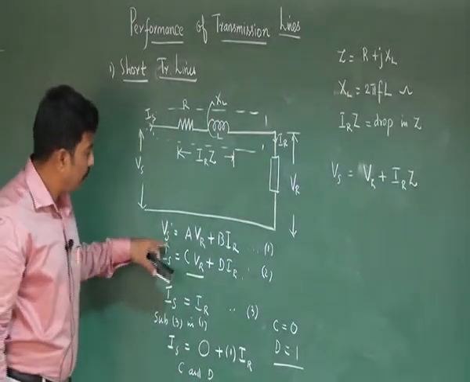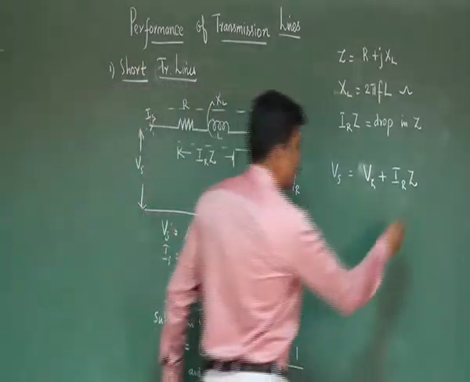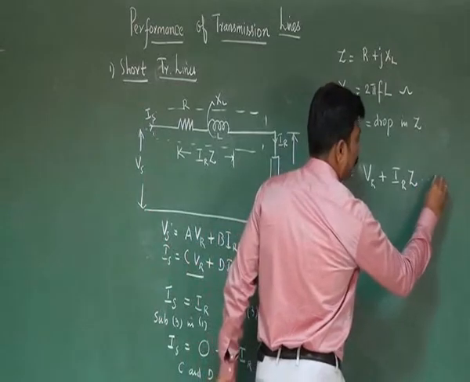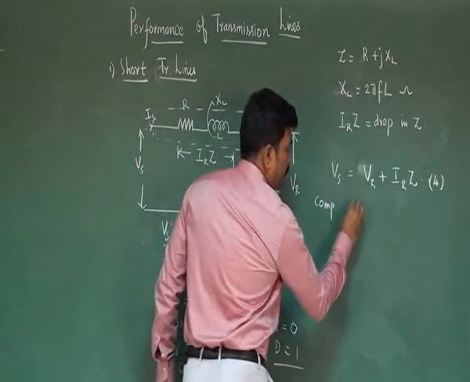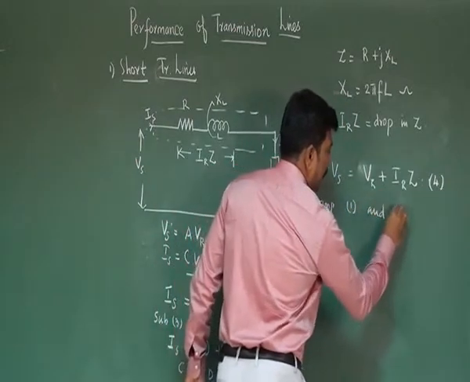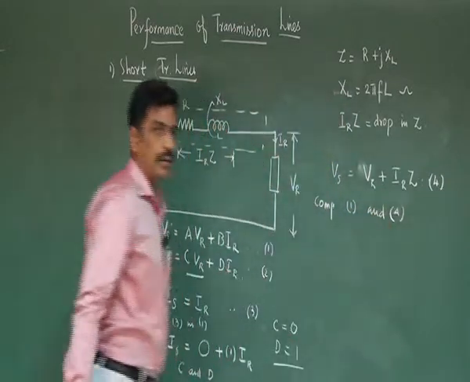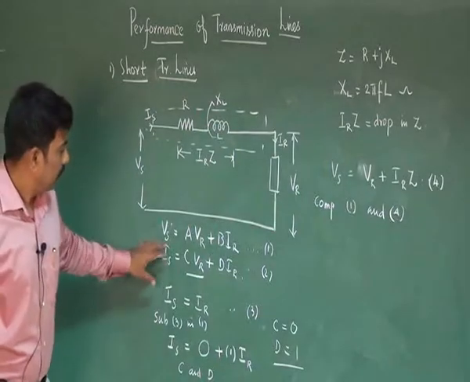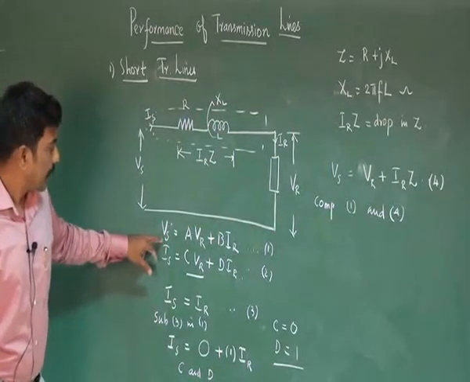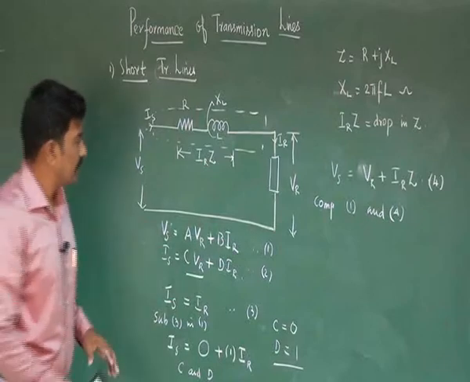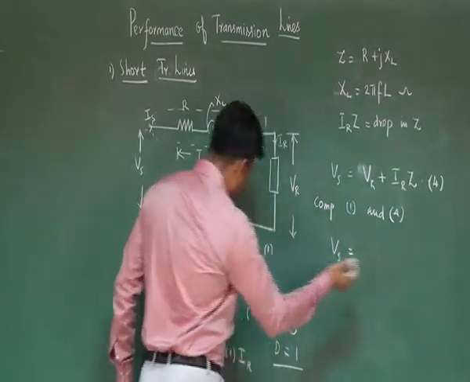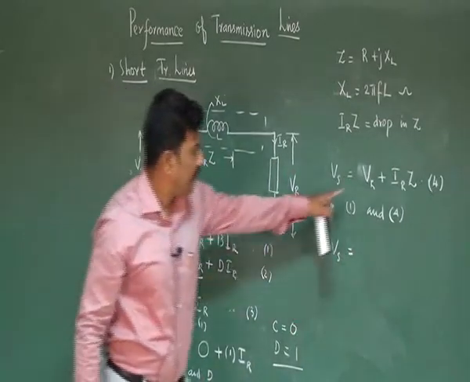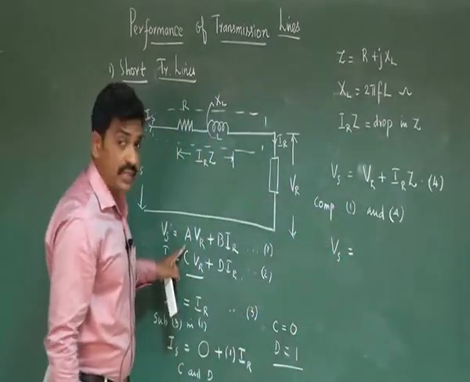Now, you compare both the equations, that is equation 1 and 4, then you understand the A and B constants. On the left hand side we have Vs, on the right hand side VR, and the coefficient of VR is 1, therefore A is 1.